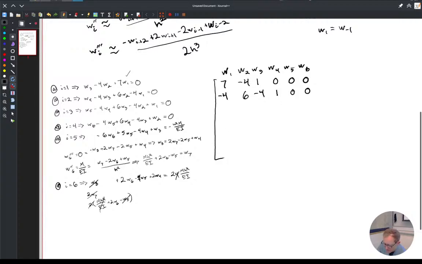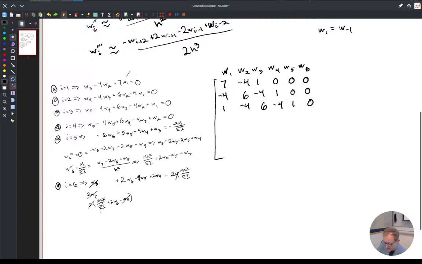Now equation 3, I've got 1, negative 4, 6, negative 4, 1, and 0. And this is where we're starting to see the pattern develop, where there's going to be negative 4s along this diagonal and negative 4s along that diagonal, except for when we have those boundary conditions, it might get a little wacky.